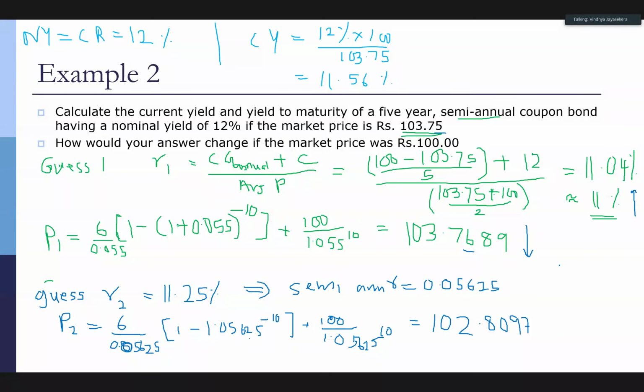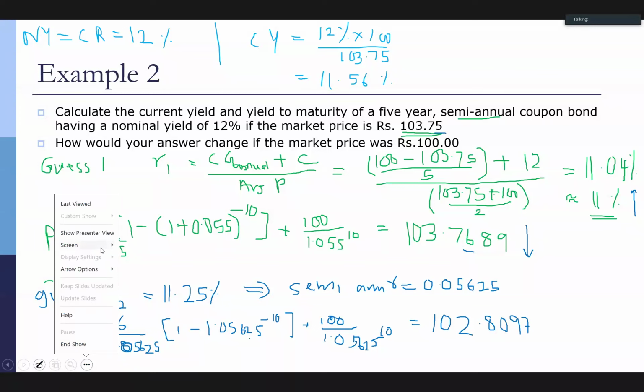Nobody else has any problems? So Sampath, just check that again. Now we have two answers, right? We have R1, 11% at 103.7689, and R2, 11.25% at 102.8097, and 103.75 in between.